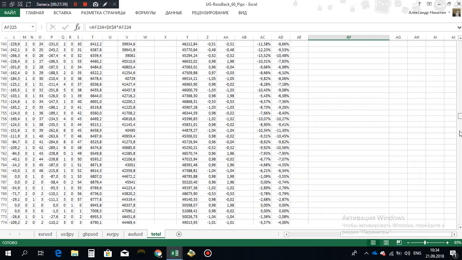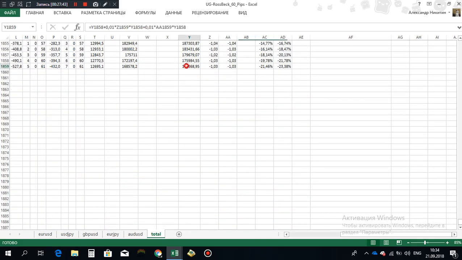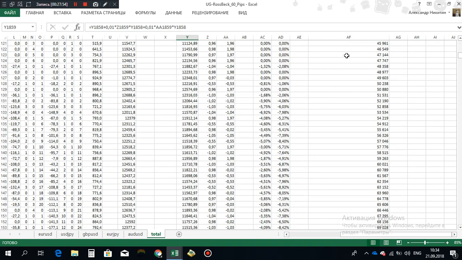172,369. So it is exactly what we have, 172,368 with decimals, of course. It is almost 69. So this number is true.